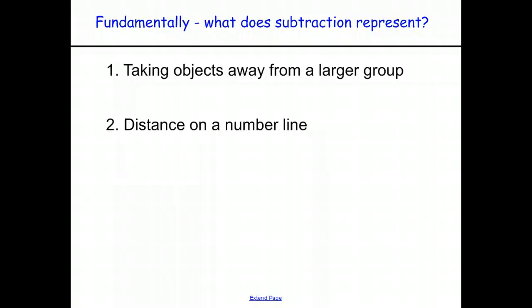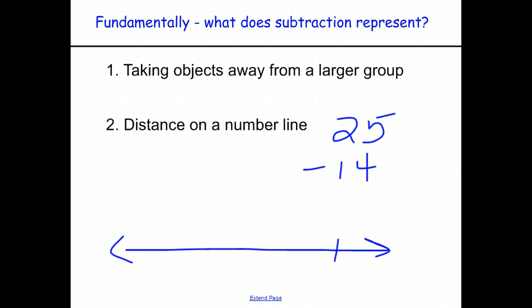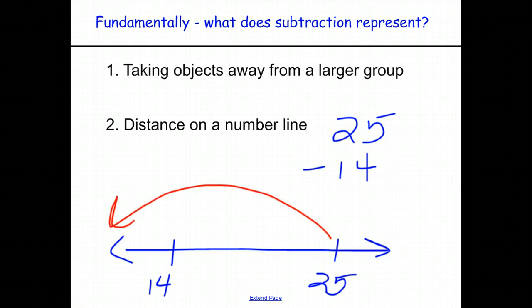On the other hand, we can talk about subtraction as a distance on a number line. If we had that idea that we had before, 25 minus 14, when we draw our number line, we have 25 at one point, we have 14 at another point, and by the old definition, we would leap back 14 because that is what we do when we take away.